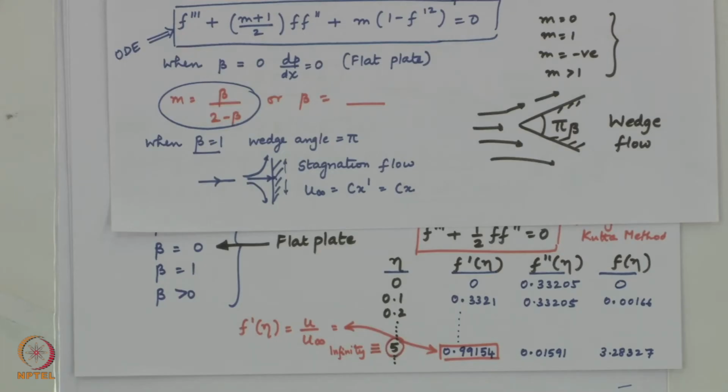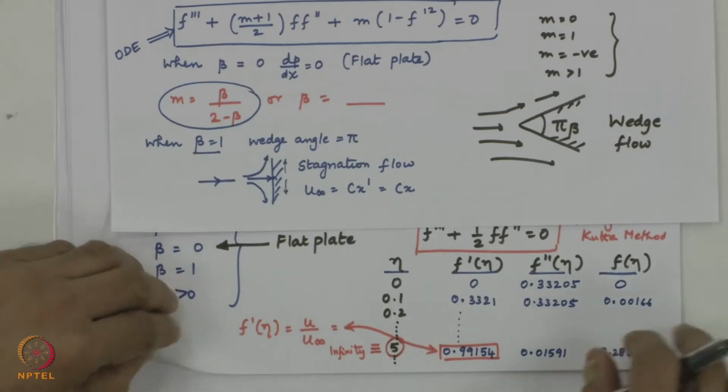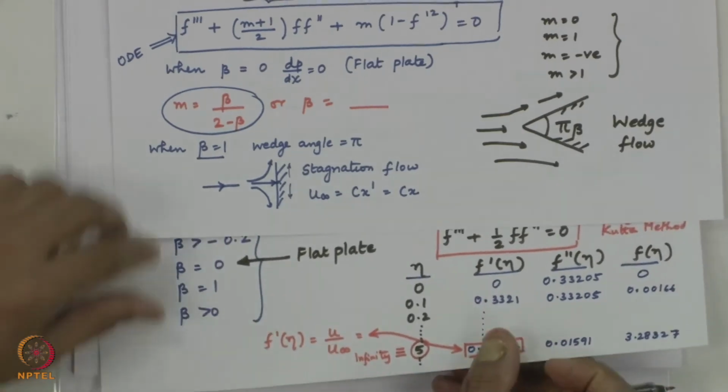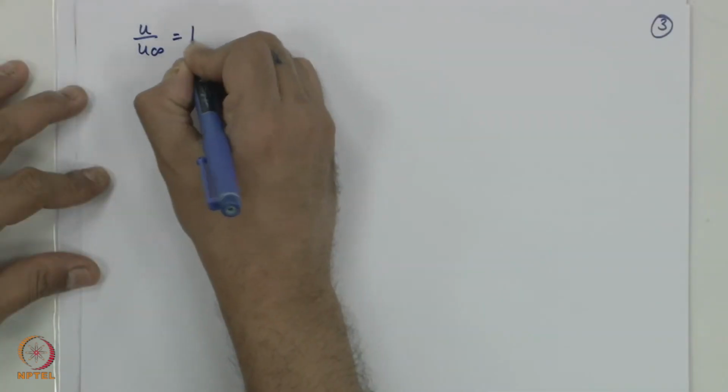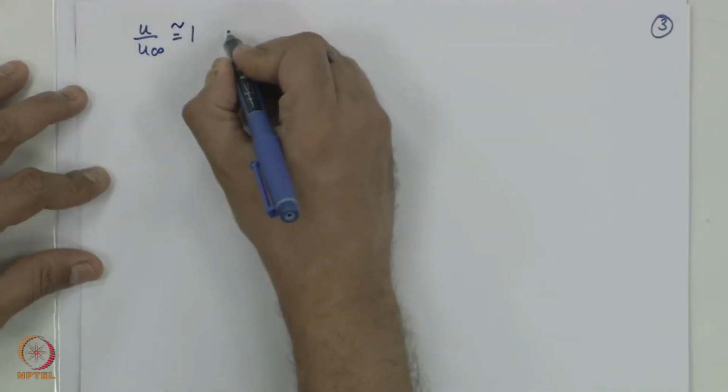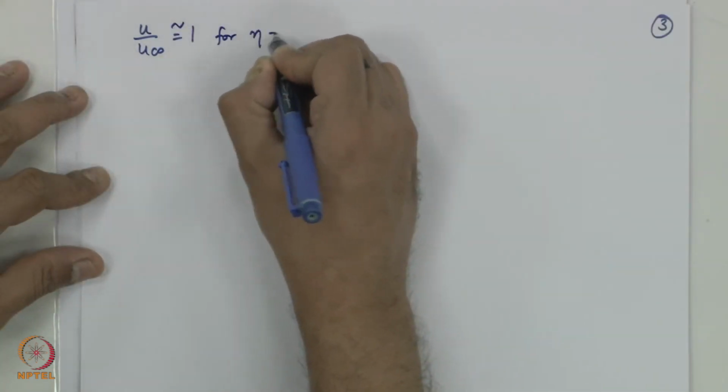What I am trying to say is, going higher and higher in eta beyond 5 does not help us much, and therefore, you can stop at eta equal to 5, and this is a very important result. What we say is u by u infinity is approximately 1 for eta equal to 5.